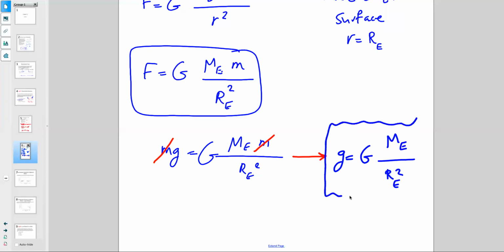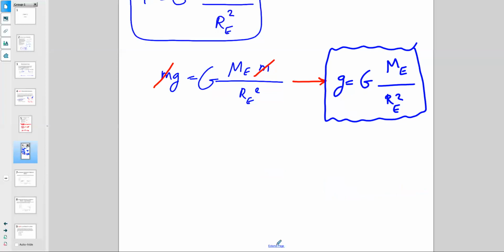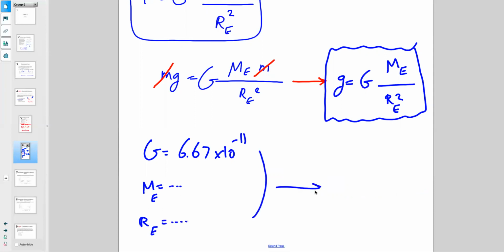So that's what the g is. If you substitute numbers, for example G being equal to 6.67 times 10 to the negative 11, the mass of the Earth, and the radius of Earth, which is, I think, 6,500 kilometers, if I'm not mistaken, then your g will be equal to 9.81 meters per second squared.